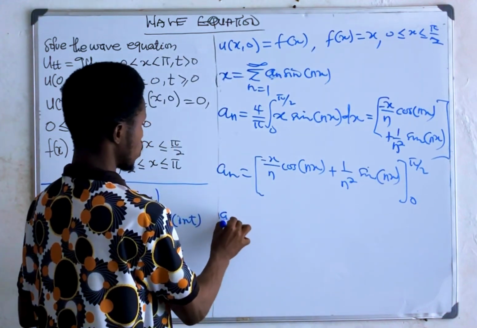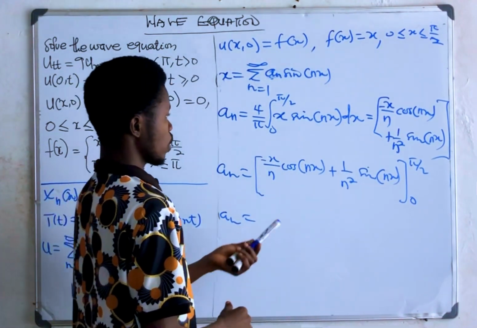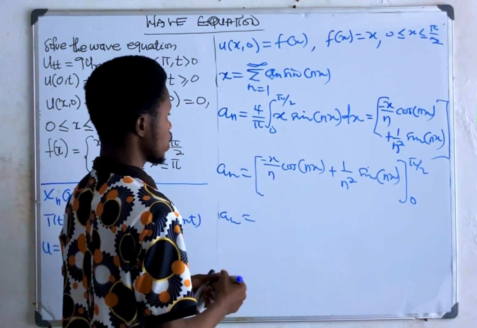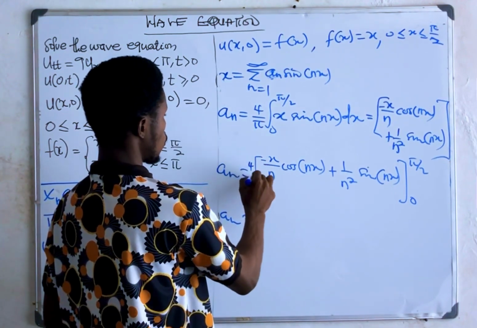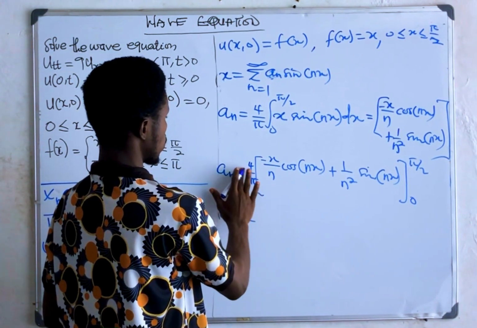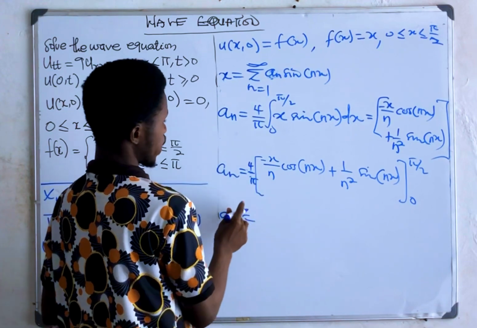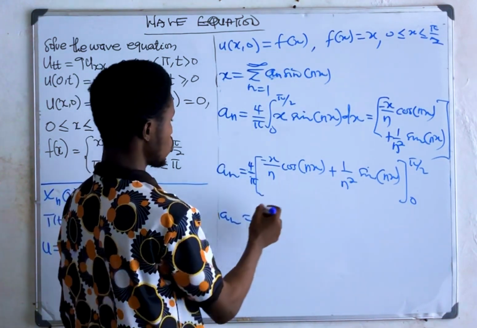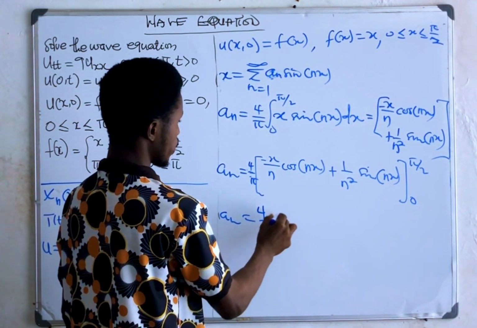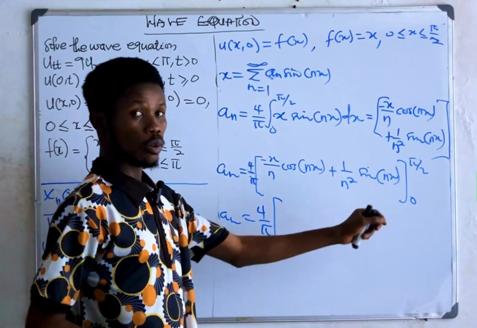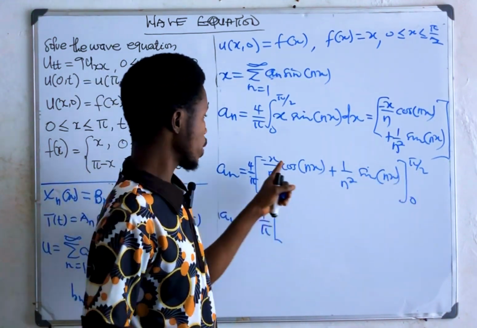So let's do the substitution. First, pi on 2 first, okay? And remember there's 4 over pi here, which is multiplying through everything. So I'm going to have 4 over pi. Now I'm going to put the pi over 2 here.